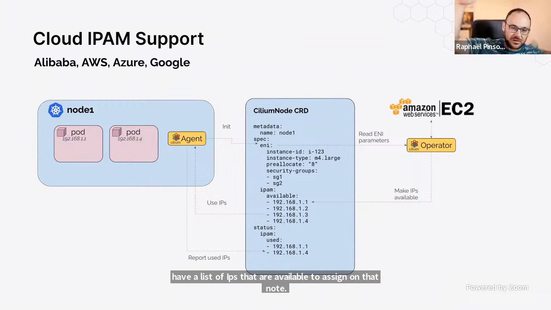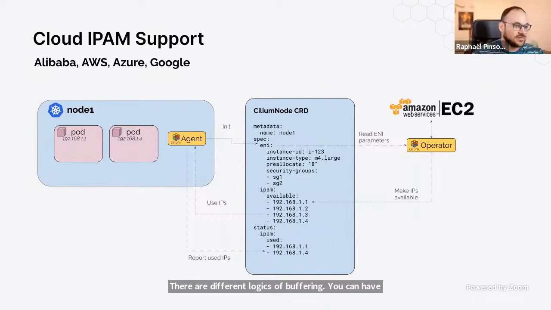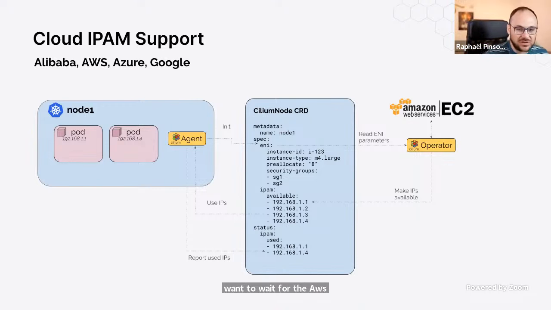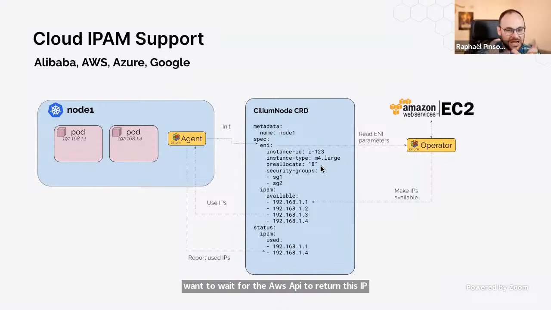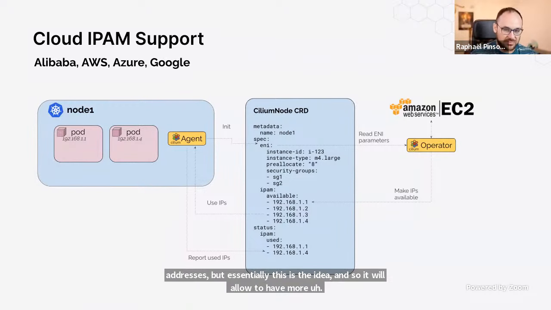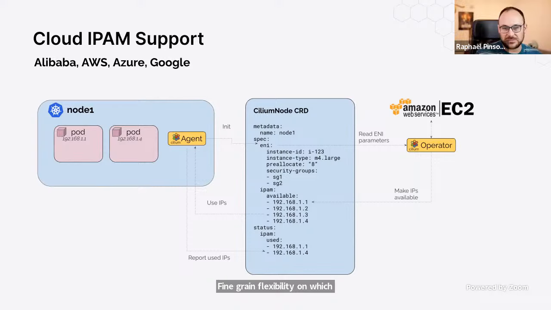You can have multiple IP addresses that are buffered in case you need to start a lot of pods in one go and you don't want to wait for the AWS API to return these IP addresses. But essentially, this is the idea. And it will allow more fine-grained flexibility on which IP addresses are assigned. In the case of EKS, this is what is used by default. It's what we call the ENI mode in EKS.